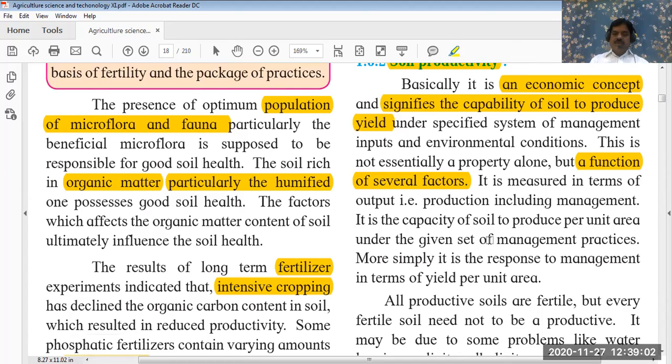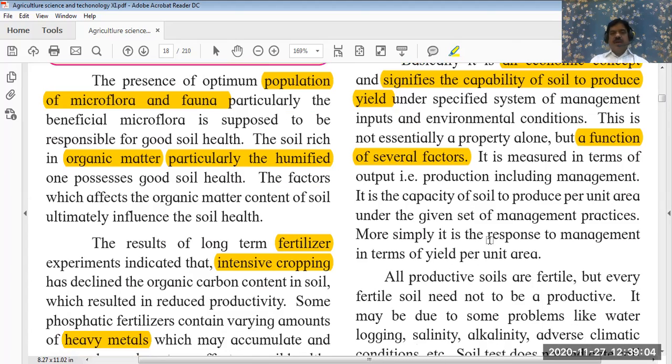There are agronomical factors like plowing, harrowing, clod crushing, application of sufficient irrigation, and climatic factors like warmness and precipitation. Many things are there, and out of all these things, soil productivity is formed.